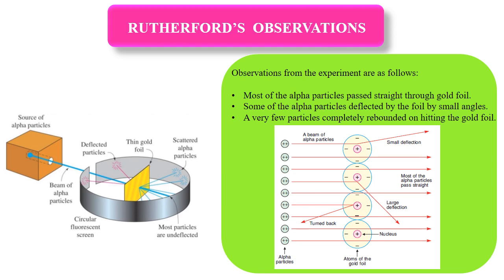That is, when alpha particles are passed, they get deflected and rebounded completely on hitting the gold foil. By this, he concluded that all the positive charge and mass of the gold atom is concentrated in a very small volume in an atom.